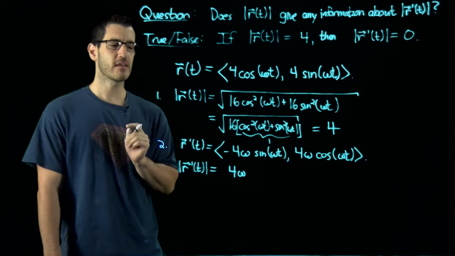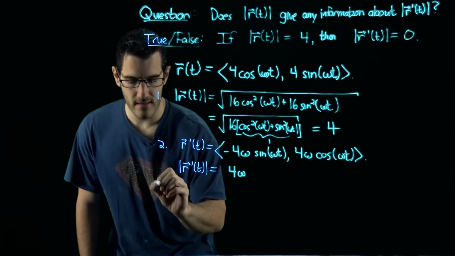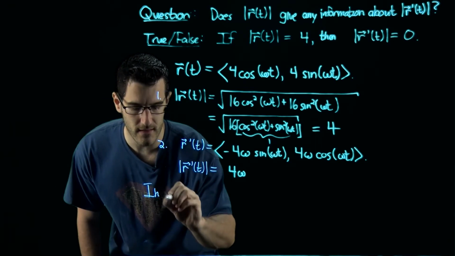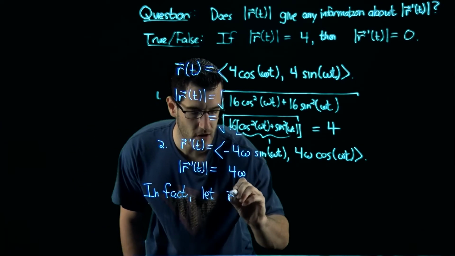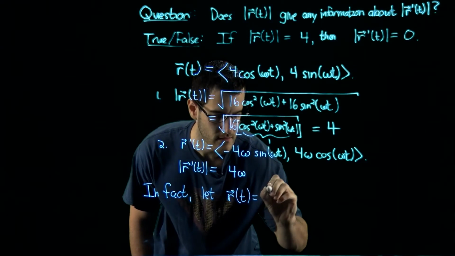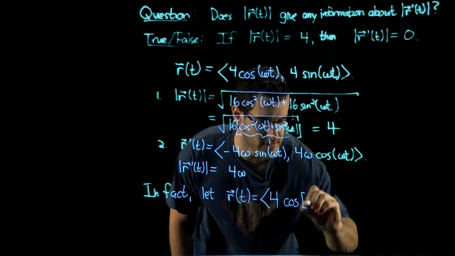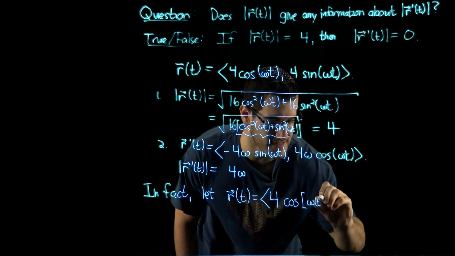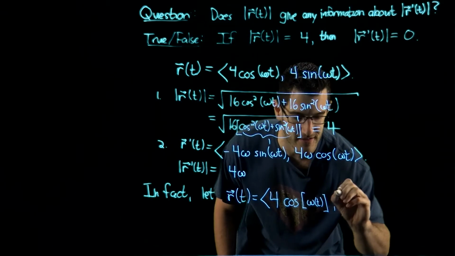In fact, we can even go a step further here, and we can say that if you instead let this r of t be 4 cosine of, why just restrict ourselves to a constant times t inside of there? We can actually look at a function of t inside of there.